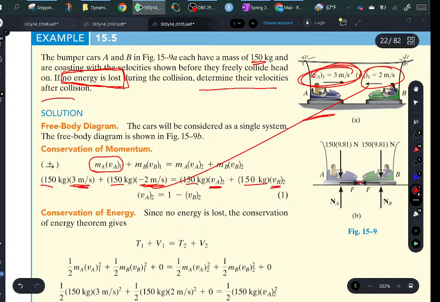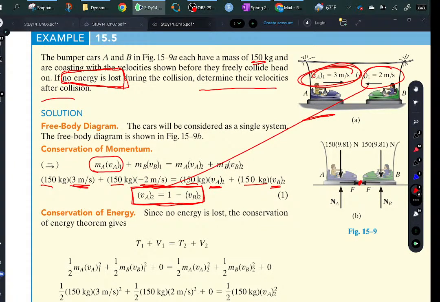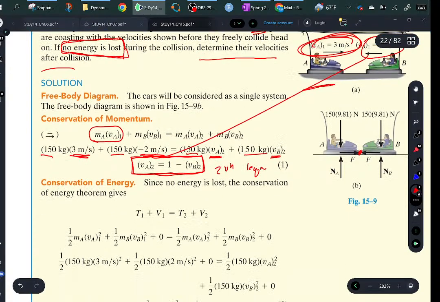They did not attach to each other. They bounced off each other. So you get an equation that looks just like this. How do you manage? Because you have 2 unknowns and 1 equation. You need another one.